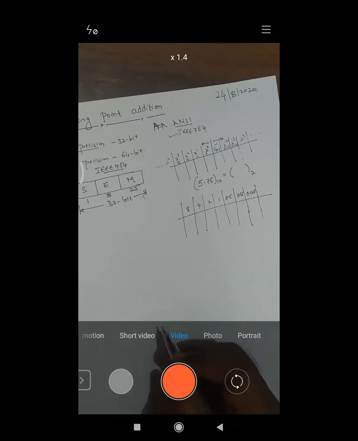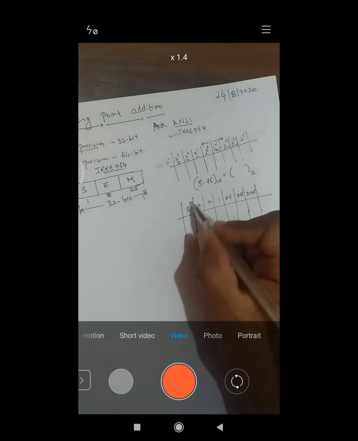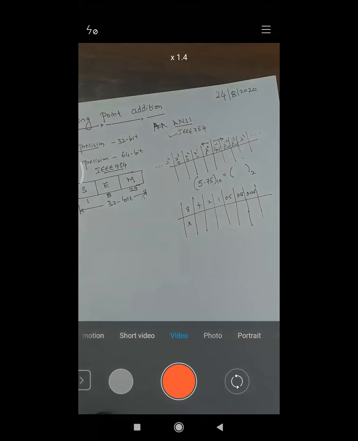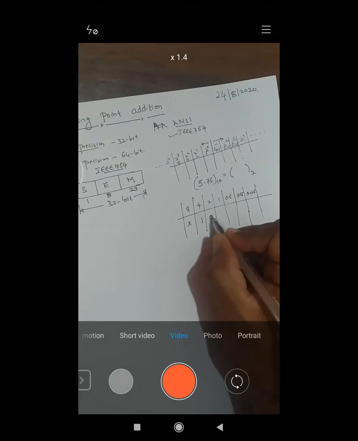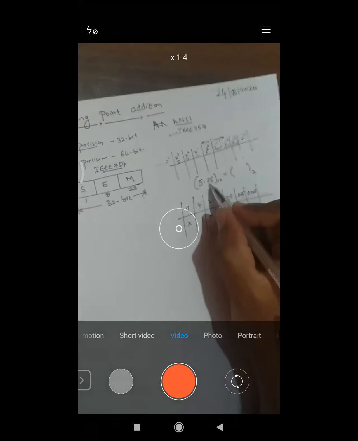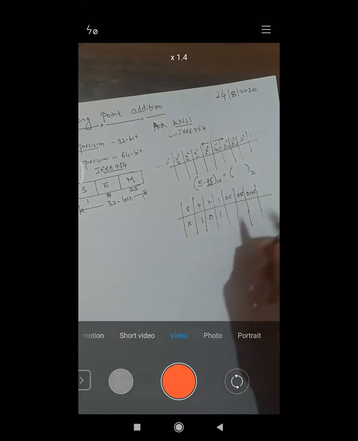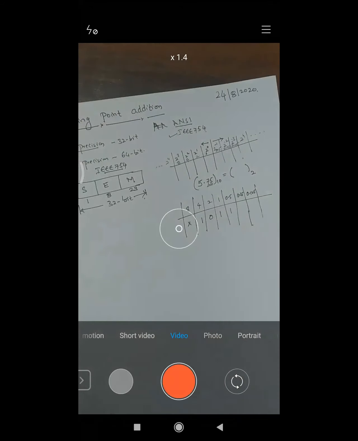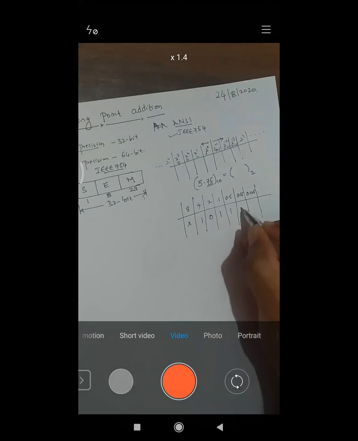So I need to make it 5. So I don't require this 8. So 4, I require, 101. So 4 plus 1 is 5. And I need to make 0.75. Out of 0.75, 0.5, yes, I need it. And 0.25 also I need it, and the job is done.